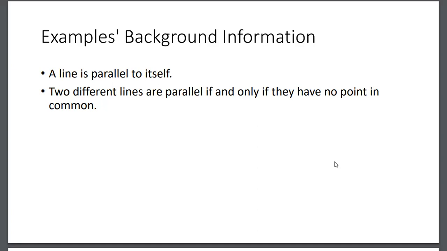It's a definition. Different lines are parallel if they have no point in common. That means they don't intersect. And since it's if and only if, the other way is also true. They have no common point and they're parallel. We're talking about different lines here. You don't want to get bogged down with the exception case of the same line compared to itself.